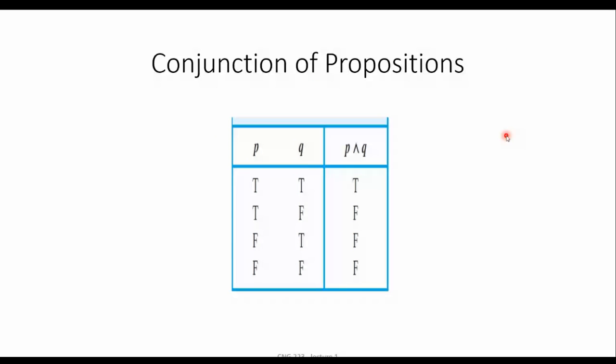Now, let's continue with different compound propositions and the operations that we can use between our propositions. One famous one is the interception. This interception, we call it conjunction of propositions.